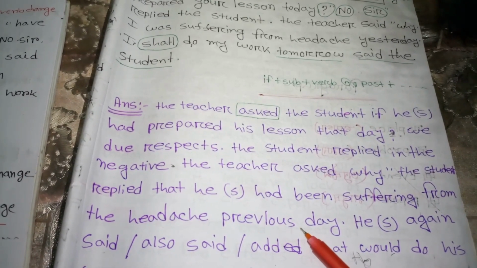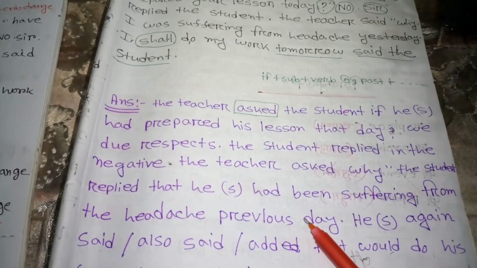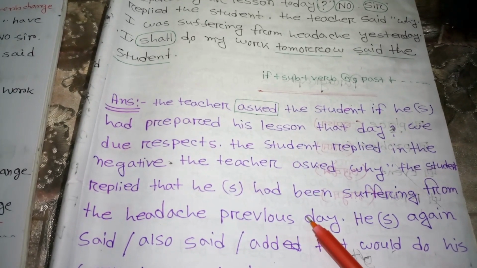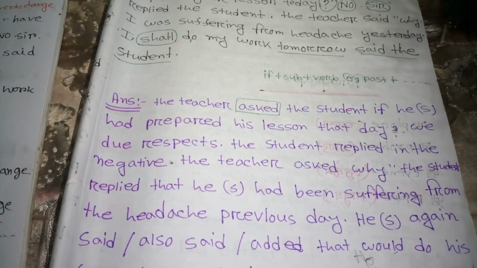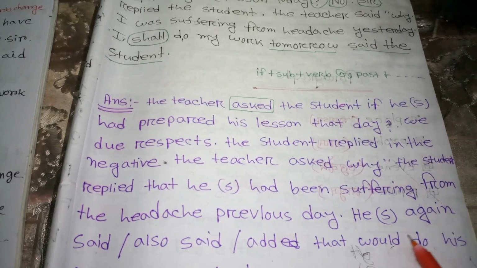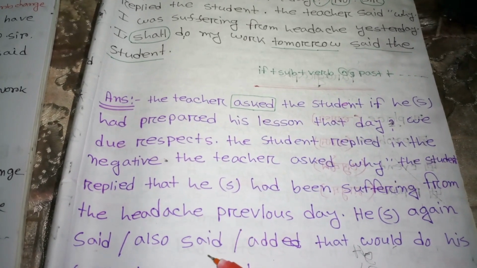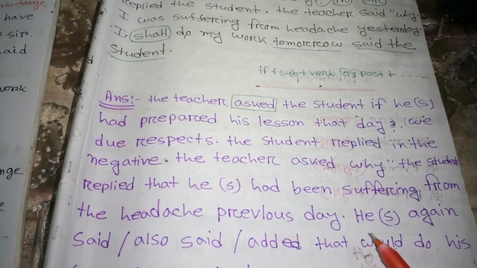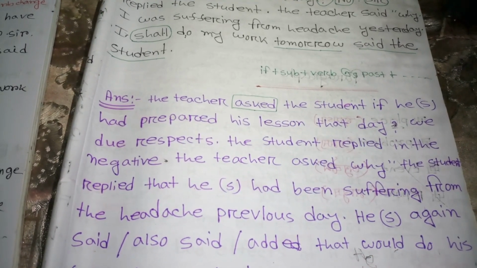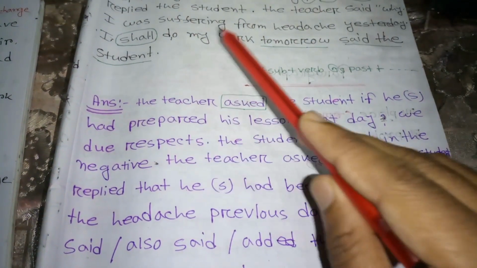And he also said, "I shall do my work tomorrow," said the student. So here, if someone says something again or also, you can use this kind of verb. He again said, or also said, or added that, and then you can change the line. So I shall do my work.